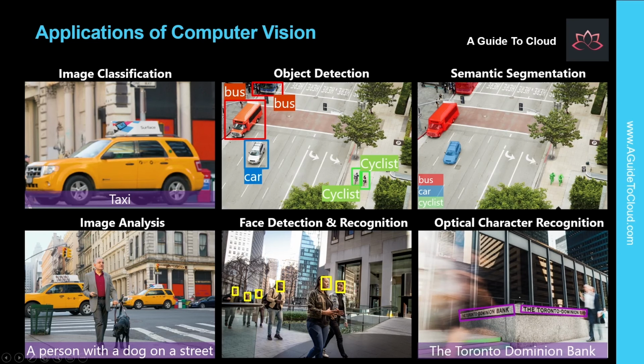So, what I have listed over here are some of the common applications of computer vision. Those are image classification, object detection, semantic segmentation, image analysis, face detection and recognition, optical character recognition, etc. So, I'm going to take you through one by one.